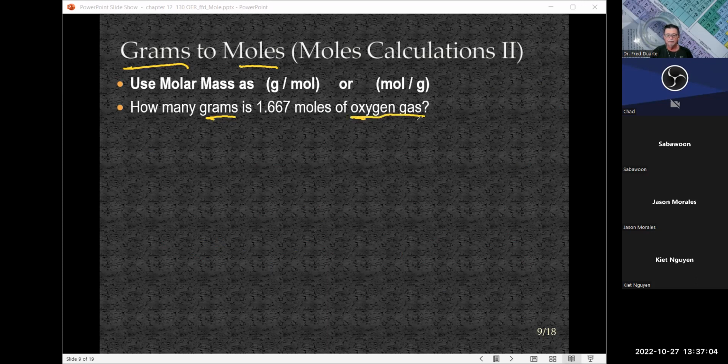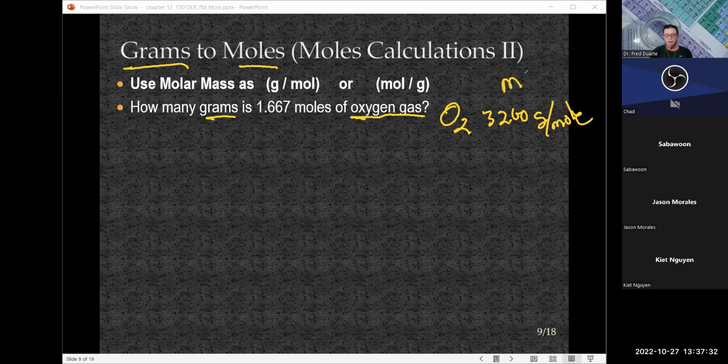We have the gas, so now we need the molar mass of oxygen gas. The atom of oxygen is 16, but oxygen gas is diatomic, so we need to double that. So the molar mass of oxygen gas would be 32.00 grams per mole.